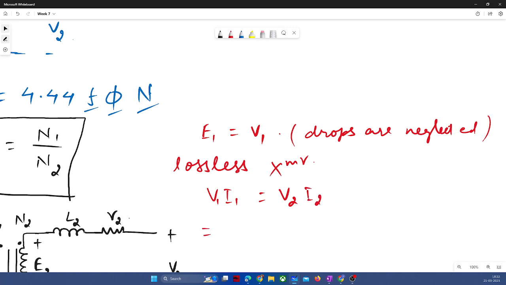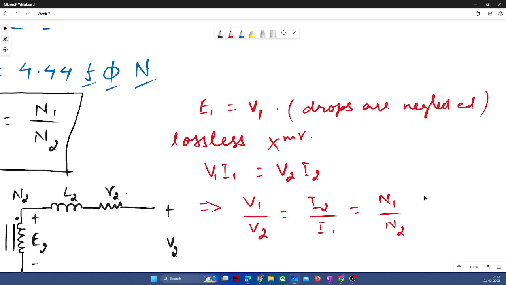So V1 by V2 is equal to I2 by I1, equal to N1 by N2. So this is again based on assumptions. We assume that this is an ideal transformer, and we write this relation.